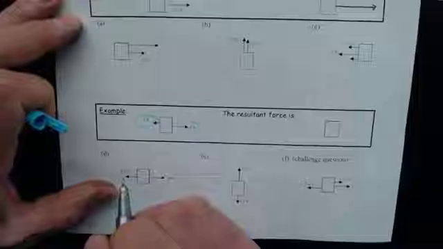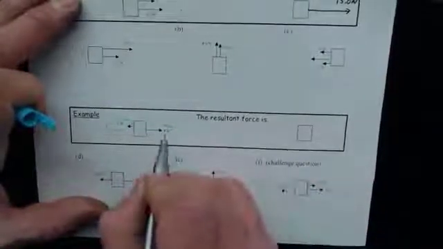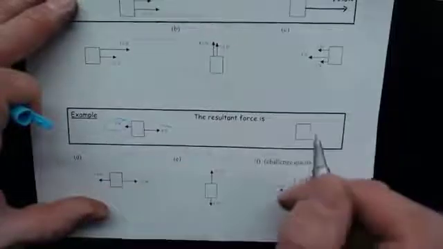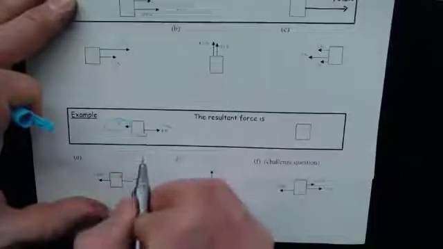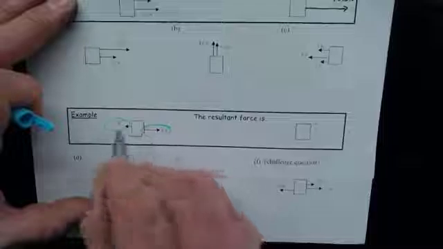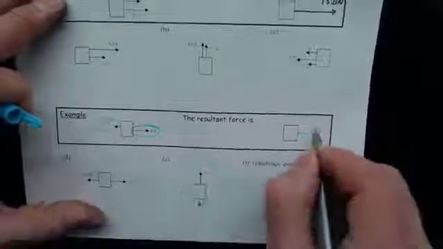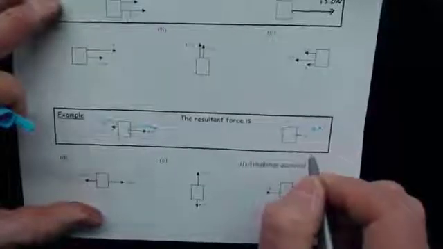It's actually canceling it out. So when you want to draw your answer, you're going to do 8 minus 2 is 6 newtons. And in which direction? Well, this person is obviously winning. It's a stronger force. So it's going to go in that direction, and it's going to be 6 newtons.